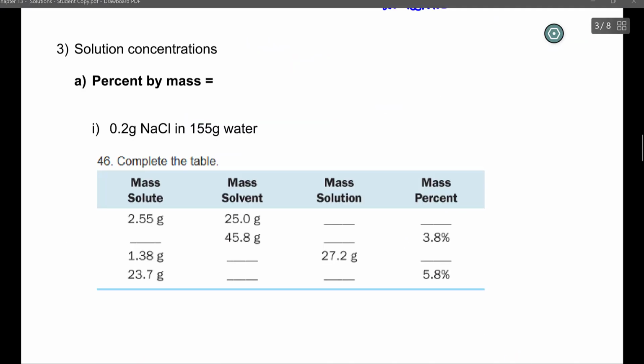Okay, so now what I'd like to do is talk about solution concentration. There are different units that we use for solution concentration, but one of the important ones is percent by mass. So this is going to be the mass of the solute divided by the mass of the solution.